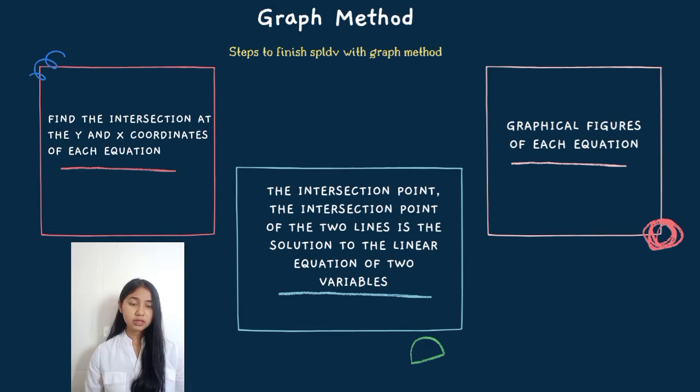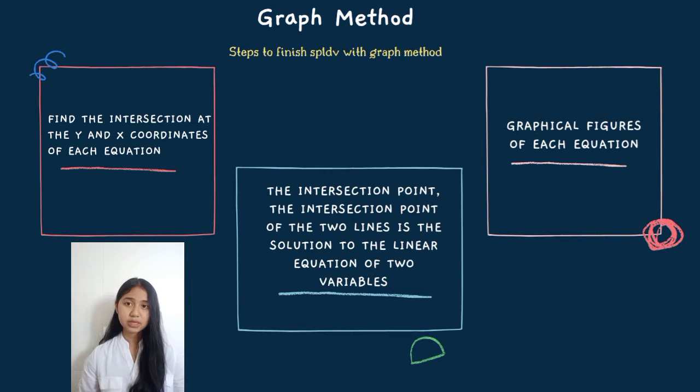Okay, so this lesson especially explains the graph method, but you need to know that all the methods used to solve SPLDV problems produce the same result. It's just that the way of solving from one method to another is a little different. So we explain the graph method.